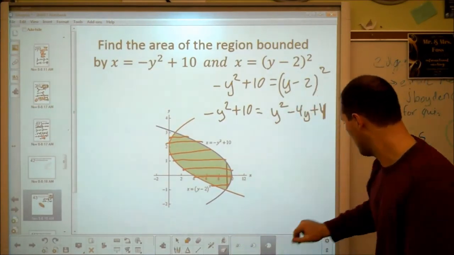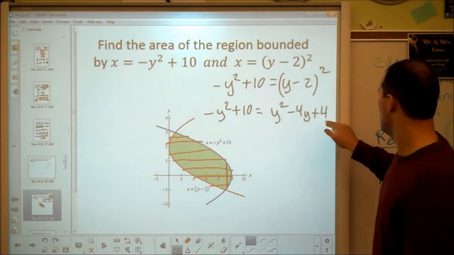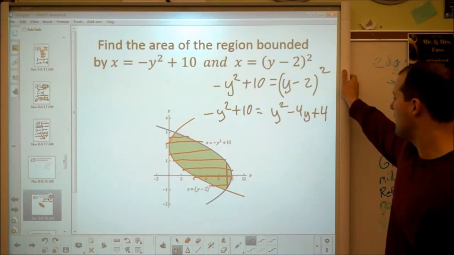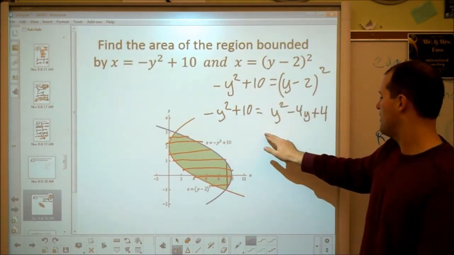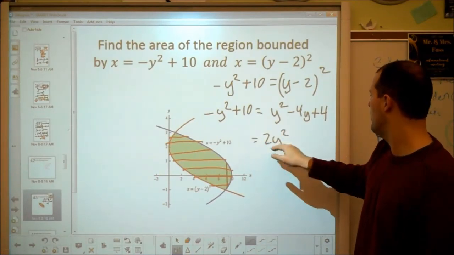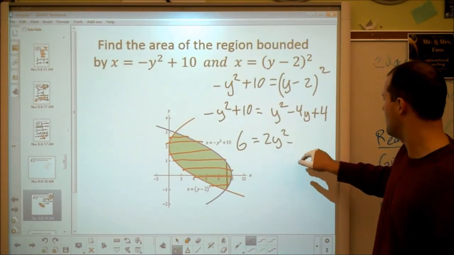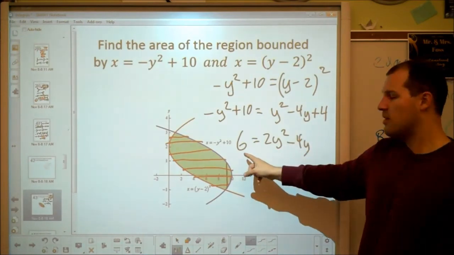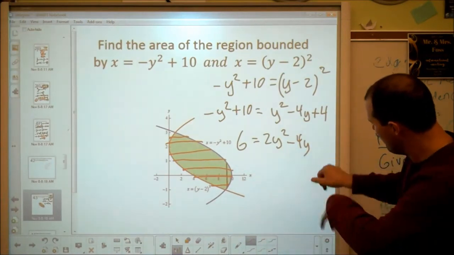Let me rewrite that so it's a little more clear. Plus 4. And let's continue. Okay, so I'm going to add this negative y squared over here, so I get 2y squared. And I'm going to subtract this 4 over there, so I get a 6. And I have a minus 4y. Dawns on me now that we should probably have this thing set equal to 0 since it's quadratic, so let's move the 6 over.